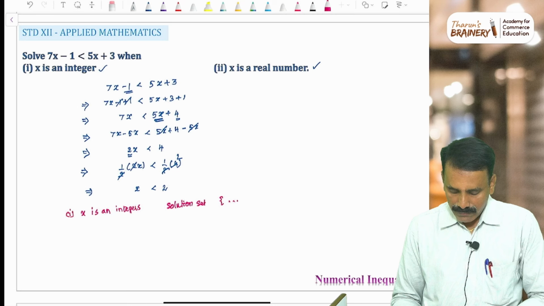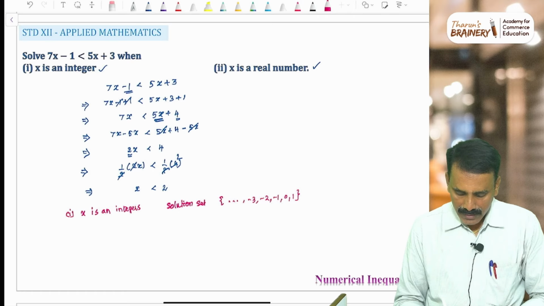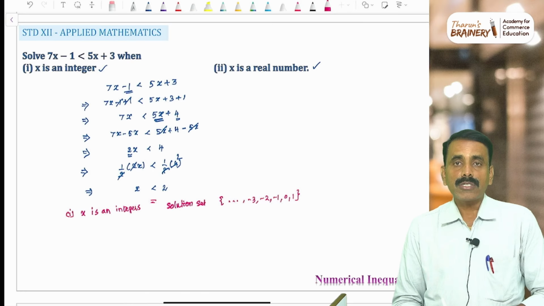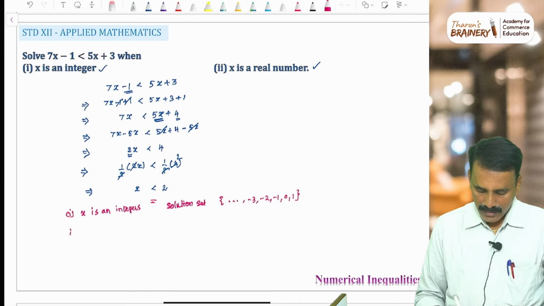So from minus infinity to 1, because it is strict inequality, we are not supposed to include 2. Second one, what happens when x is a real number?